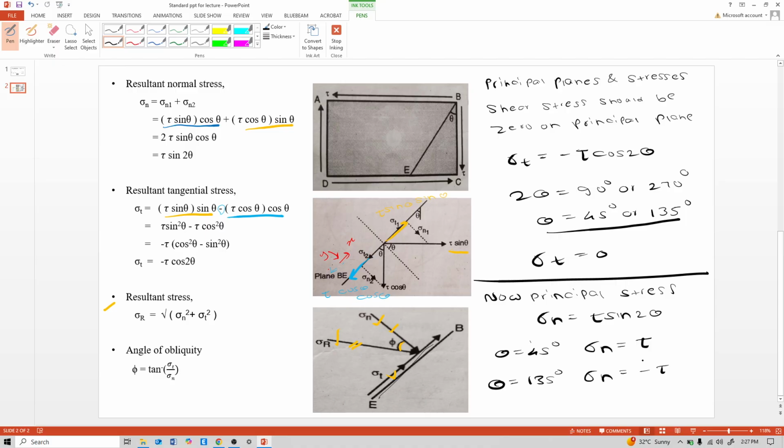That means the major principal stress is tau tensile, and the minor principal stress is tau compressive. The positive sign means tensile, and negative means compressive. At theta equal to 45 degree, normal stress is tensile tau, and at theta equal to 135 degree, normal stress is compressive tau.